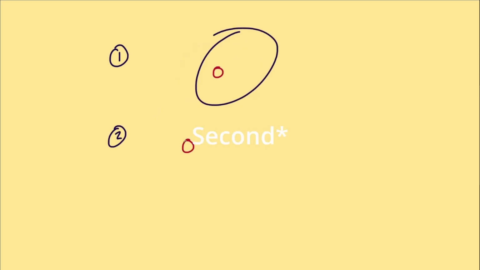The first law is that planets move in ellipses. Basically, they don't orbit in perfect circles. They orbit in more like ovals. The second law is that planets orbiting the sun will speed up when they're closer and slow down when they're further.